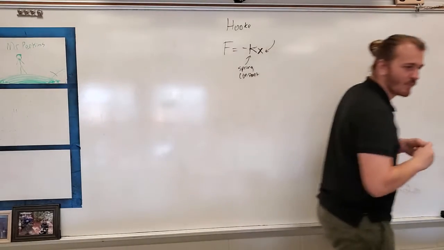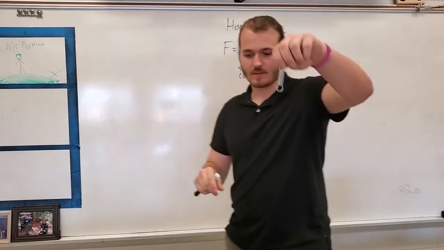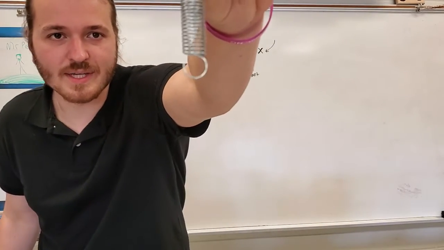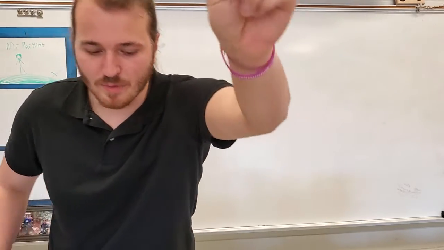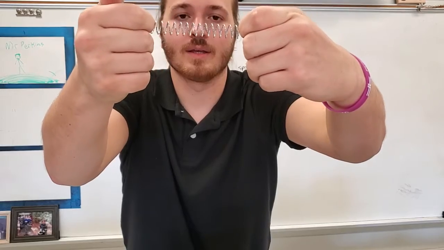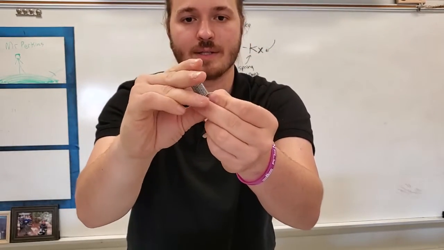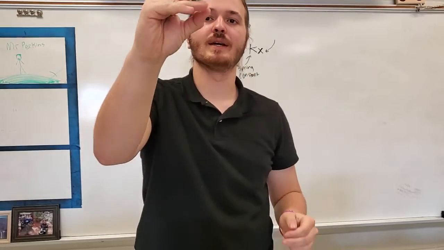Let me show you an example real quick. This spring right here is in its resting state, right? It's not moving at all. When I do this, it's being stretched out. That's called stretching it. When I do this, I'm compressing the spring in.